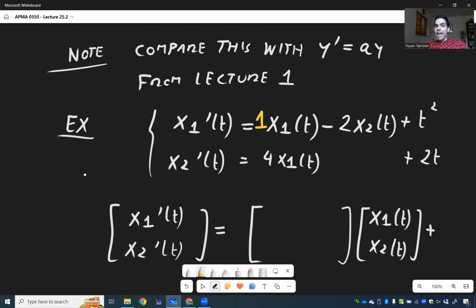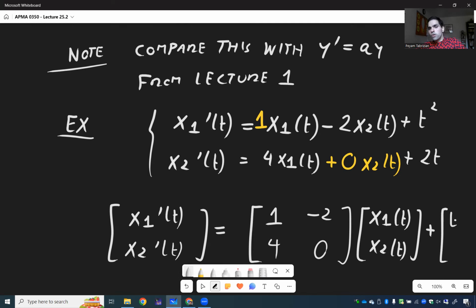This is like 1x1, so we get 1, minus 2. Here we have 4, but the question is, how many x2s are in this equation? None of them. So it's really 0. And what about those other terms, t squared and 2t? Those are what are called inhomogeneous terms.